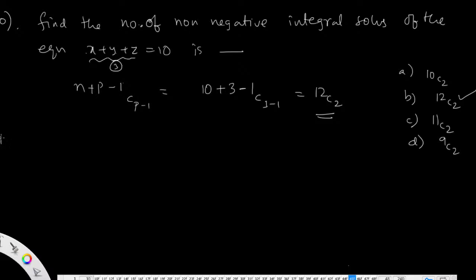But the question can be like this, this is A part and this is B part. If they give positive solutions, then it is different. In the place of non-negative, the question is given as positive.